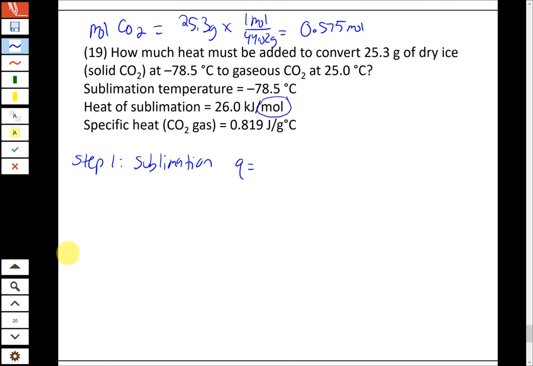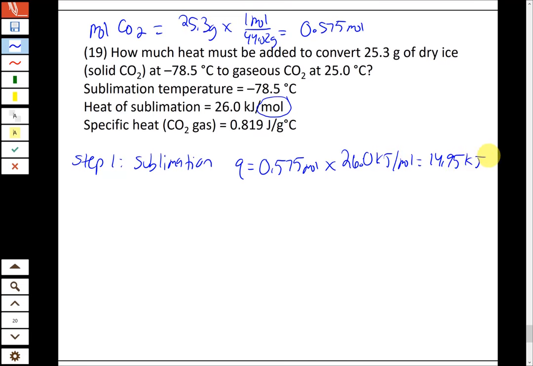So that's how many moles of carbon dioxide we have, and we're going to multiply that by the heat of sublimation to figure out how much heat is required to sublime that much carbon dioxide. So 0.575 moles multiplied by the heat of sublimation, which is 26.0 kilojoules per mole, tells us that we need 14.95 kilojoules to sublime that amount of CO2.